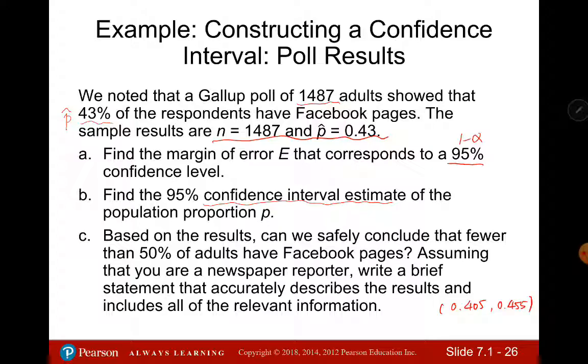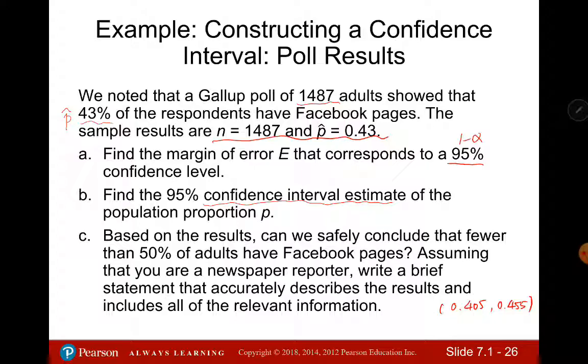Let's write down the result here. Let's check part C. Based on this confidence interval, can we safely conclude that fewer than 50% of the adults have Facebook? Assuming you are a newspaper reporter, write a brief statement.